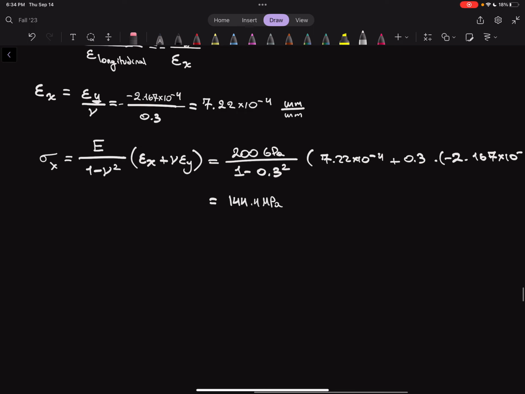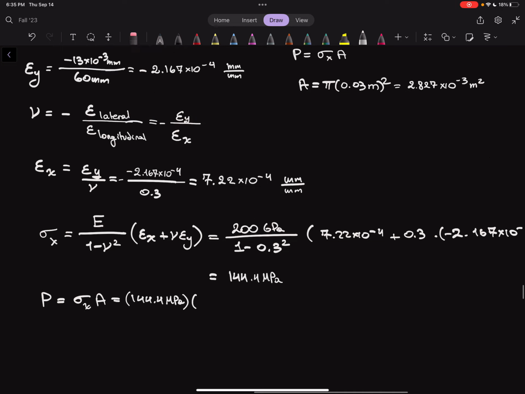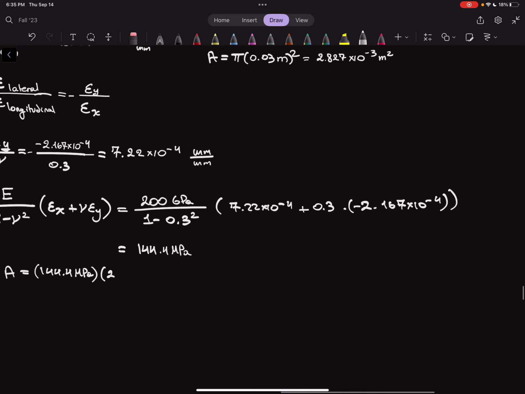Once I do that, I know my P is going to be sigma x times A, so 144.4 megapascals multiplied by my area, 2.827 times 10 to the negative 3 meters squared.